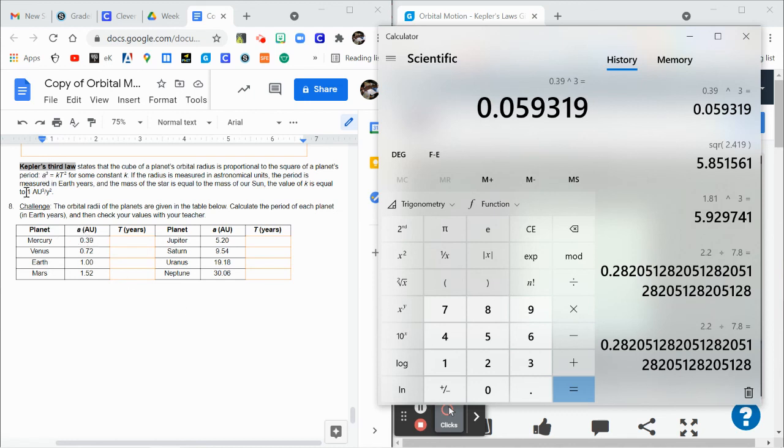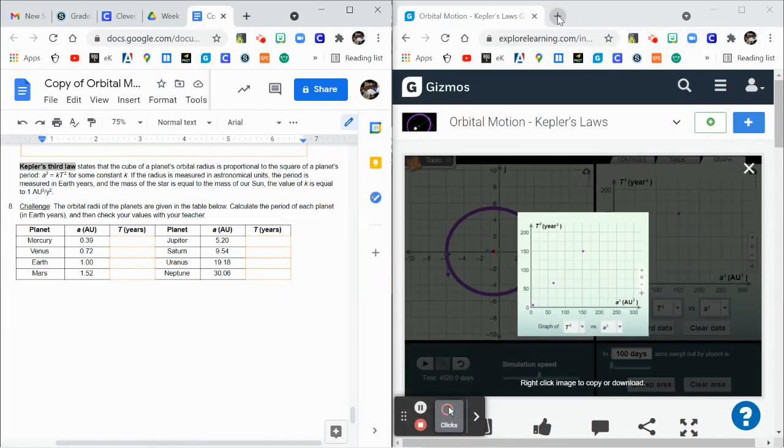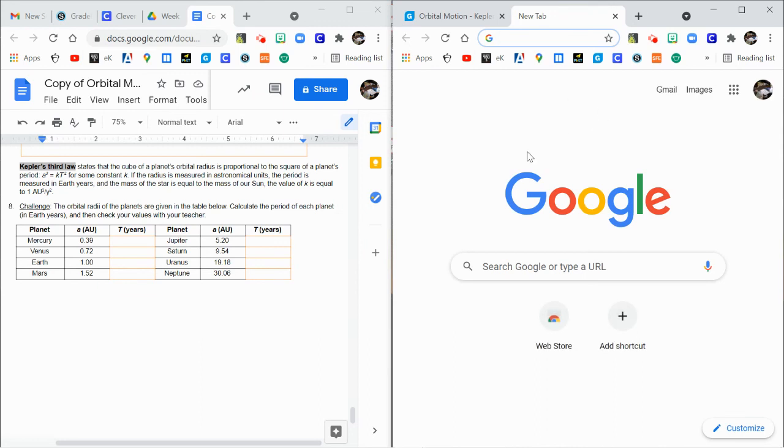And so the constant k is equal to 1, so that's just negligible. And then t squared, so we get rid of the square by square rooting, and so we square root that number, and we get, well, that's not right. Let me try a Google calculator.